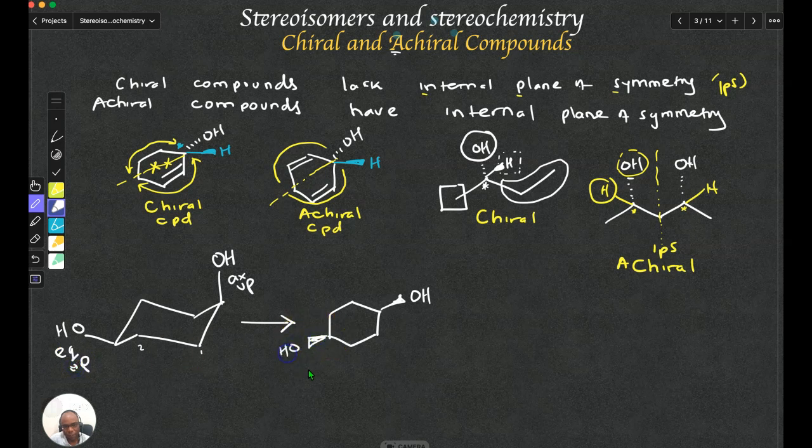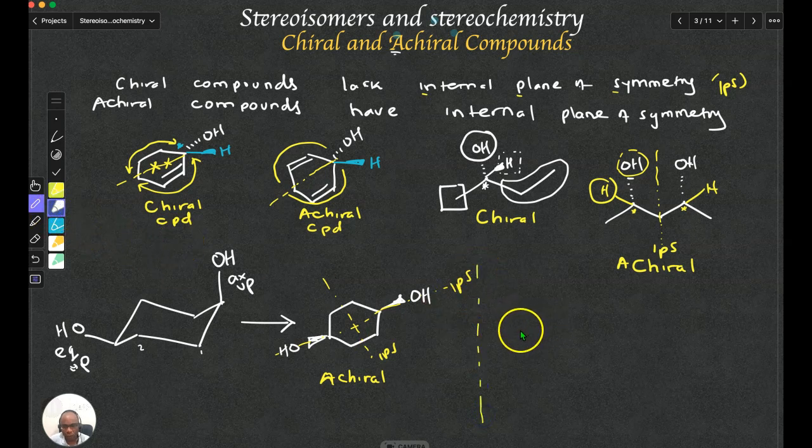You already see that we have multiple internal planar symmetries. We can cut the molecule into equal halves, and that alone makes this molecule achiral. It's not meso because I don't have 4 different groups. This way and this way is the same. It's just achiral. That is one internal planar symmetry. There is another internal planar symmetry going this way. So that is achiral.